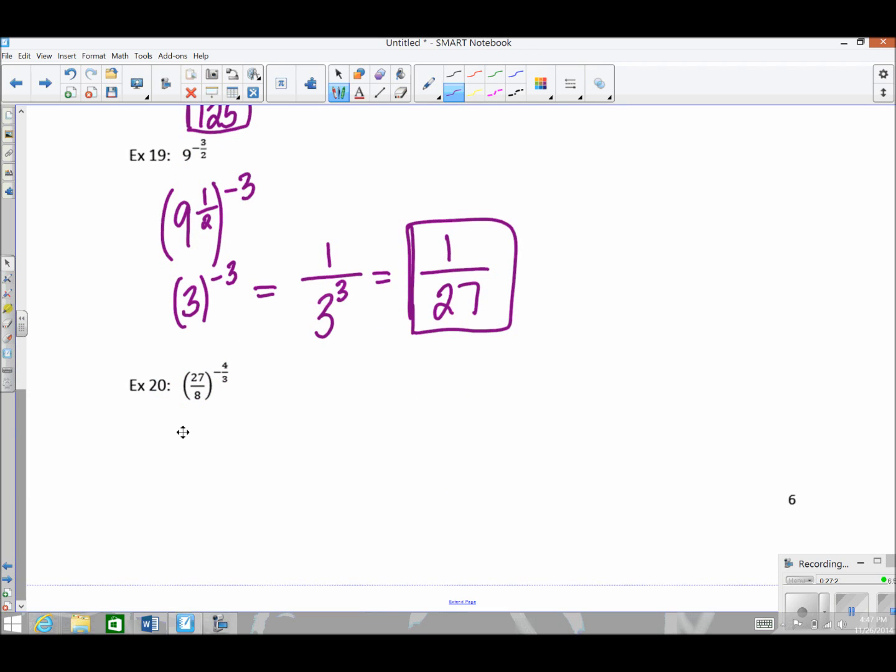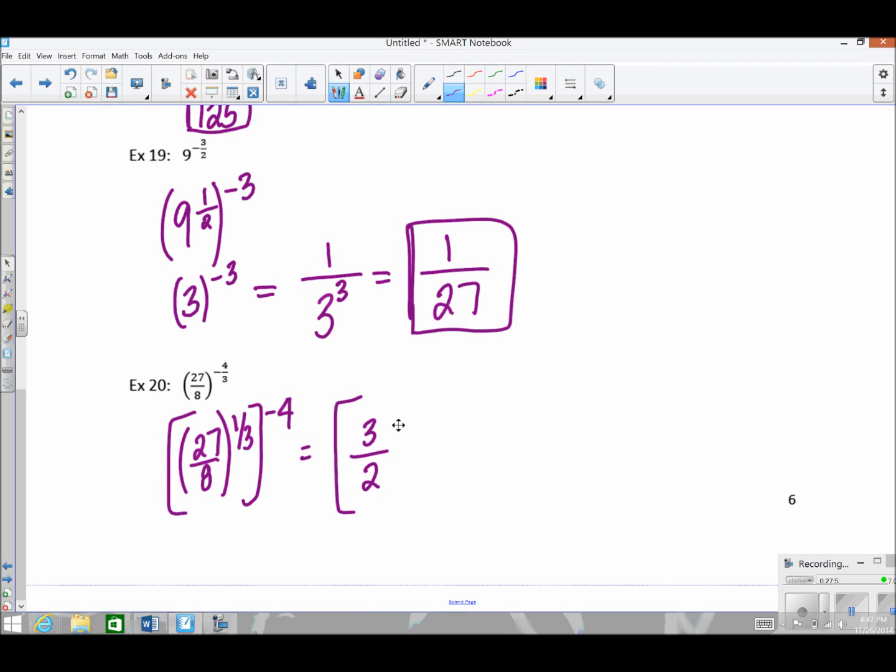And then this last example, what I would do is first rewrite it as 27 over 8 raised to the 1/3, which will then be raised to the negative 4 power. So when I take the cube root, I'm going to start there. If I take the cube root of 27, I get 3. Take the cube root of 8, you get 2.